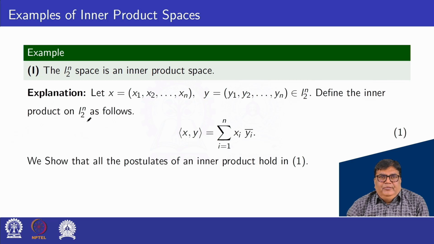Define the inner product on L2n as follows: inner product of xy equal to summation i equal to 1 to n of xi yi bar. Equation 1. We show that all conditions of an inner product hold in equation 1.